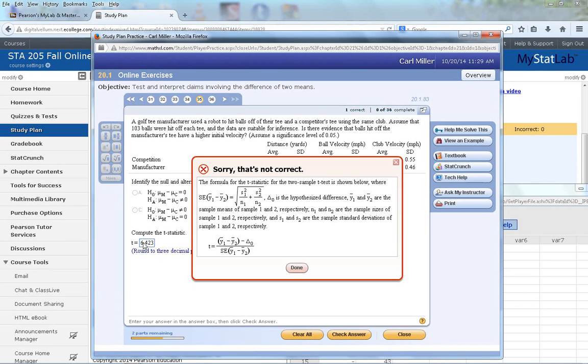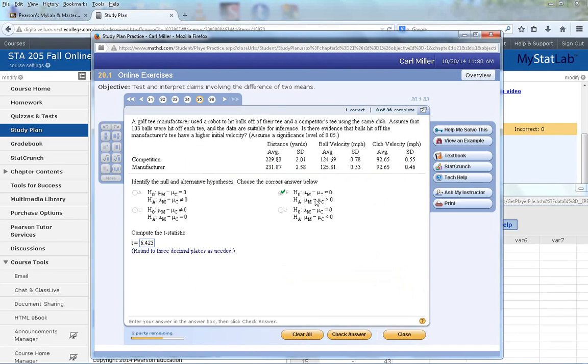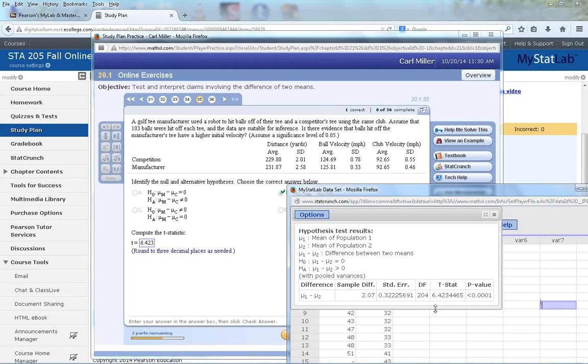Okay, so what is this doing? So let's see what it said. Manufacturer minus competitor. .423.